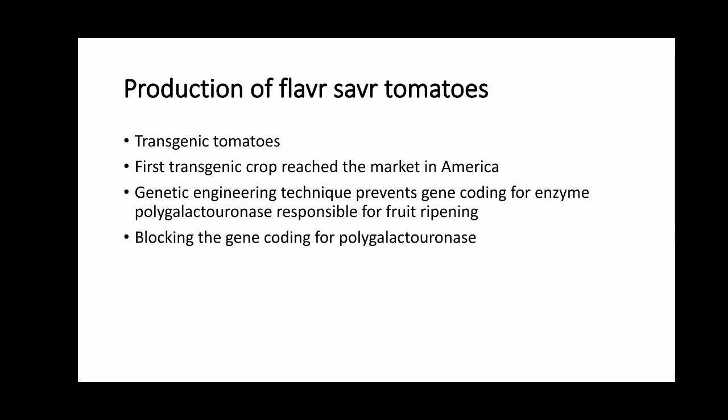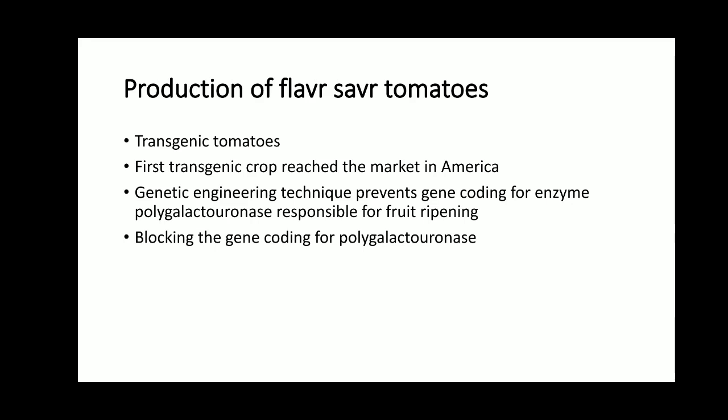In India, BT cotton is the first transgenic crop to reach the market, whereas in America, flavor savor tomatoes were the first transgenic crops to reach the market. Why are the flavor savor tomatoes so important, or what advantages do they possess? So what happens in normal tomatoes?